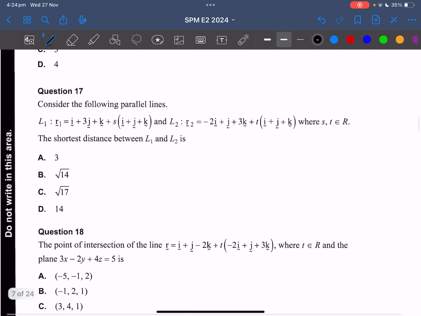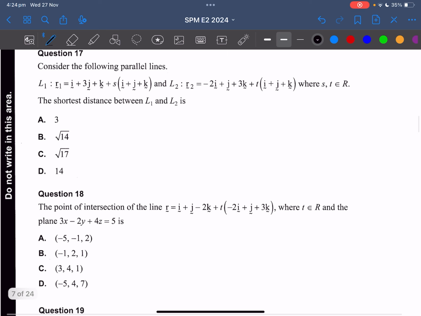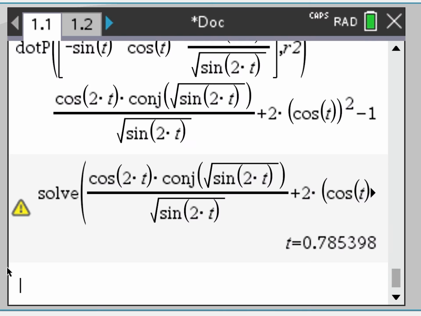So consider the following parallel lines. Okay, find the shortest distance between L1 and L2. In that case, let us define our vectors again. Define R1 equals 1 plus S, comma, 3 plus S, comma, 1 plus S, right?